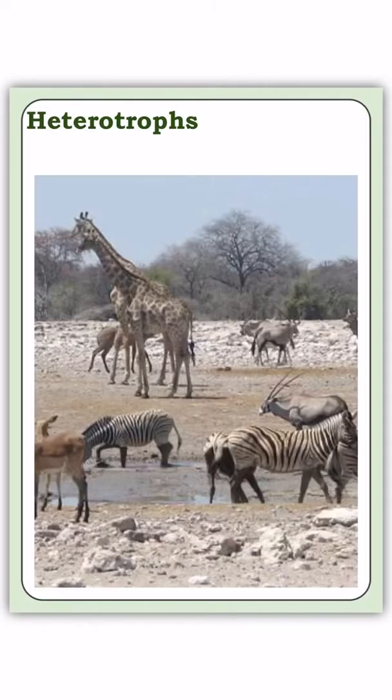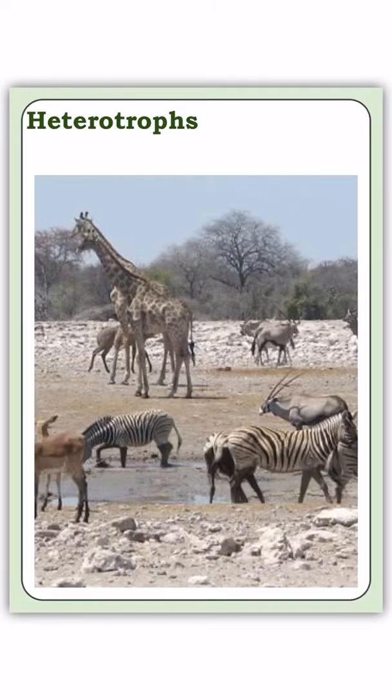Animals are heterotrophs, coming from the word, breaking that word apart, troph meaning nutrition and hetero meaning other. So heterotroph is literally talking about nutrition from others. Contrast that with autotrophs, which are self-feeders.